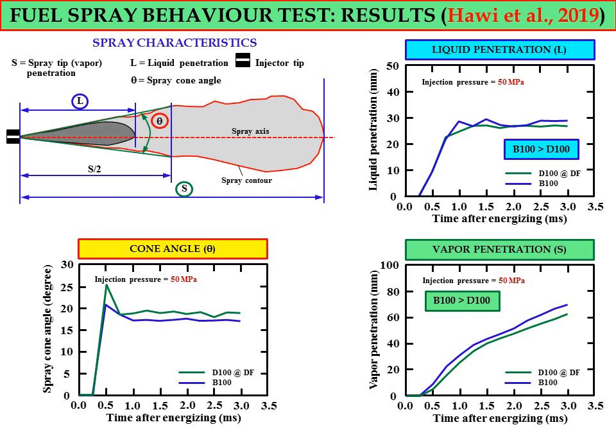However, you can see clearly from the graph that diesel fuel has a greater spray cone angle compared to biodiesel fuel B100. So as a conclusion for cone angle, the spray cone angle for diesel fuel is greater than the spray cone angle for biodiesel fuel B100 at an injection pressure of 50 megapascal.